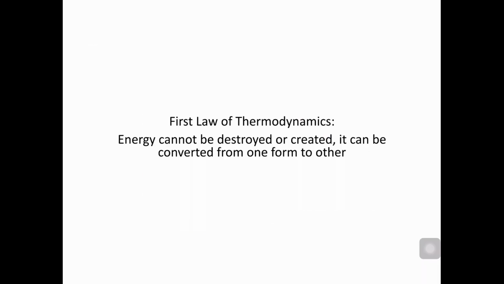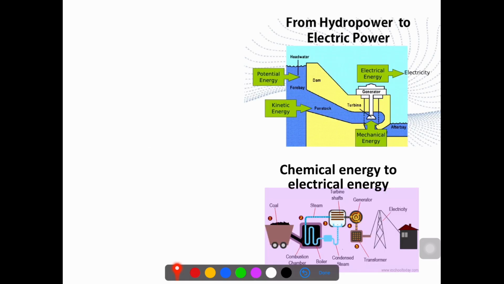You may already be familiar with the first law of thermodynamics, which says energy cannot be destroyed or created. It can only be converted from one form to another form. A classic example of that is what's going on in a hydroelectric power station. Let's consider this. You have water stored at a height.